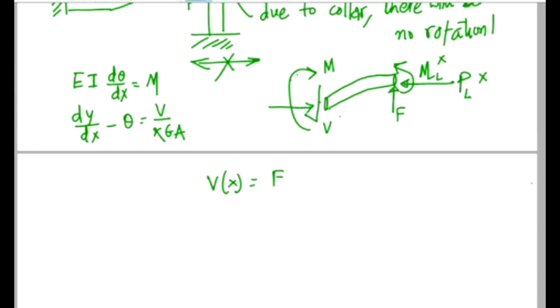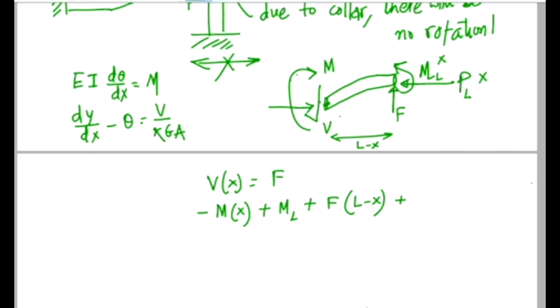What about the moment balance? Let's do moment balance about this point. So we have minus M of x plus ML plus F into L minus x, isn't it? Because this length is L minus x. But then we have some more term.